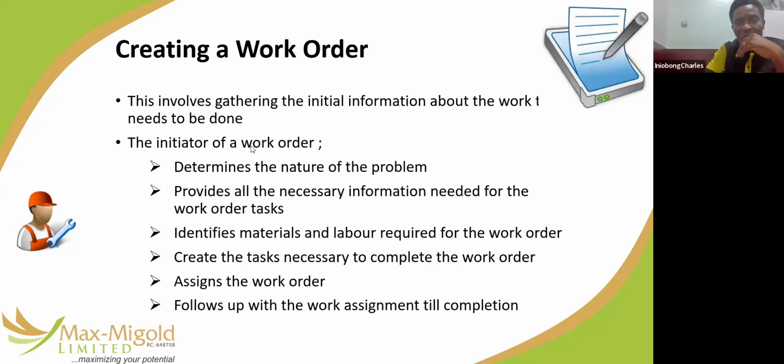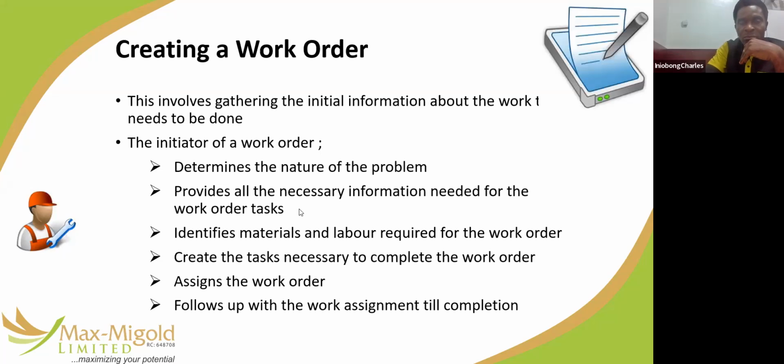The initiator of the work order determines the nature of the problem, provides all necessary information needed for the work order task, identifies materials and labor required for the work order, creates the tasks necessary to complete the work order, assigns the work order to the service provider, also to the technician, then follows up with work assignment till completion. And for me, it doesn't end here.